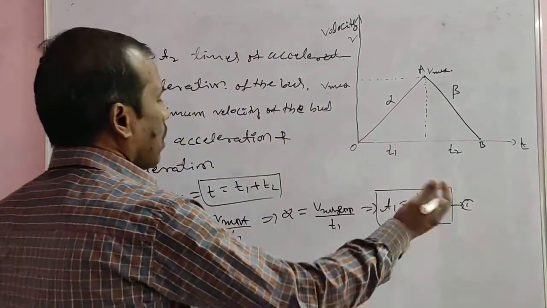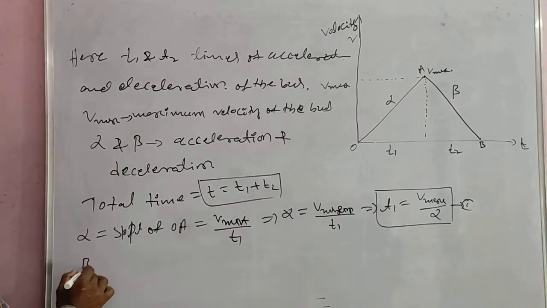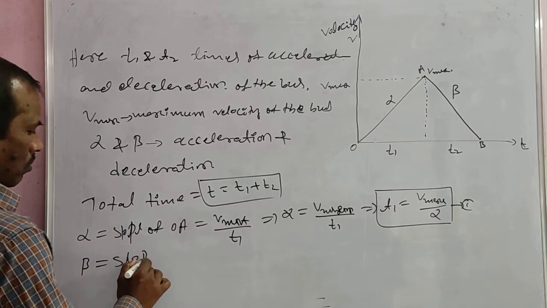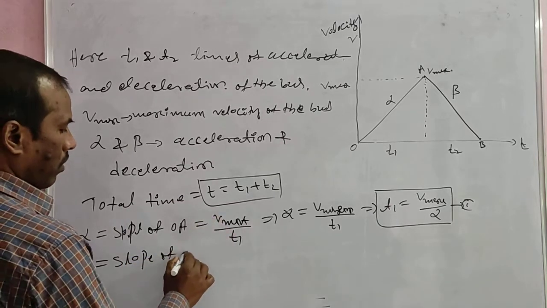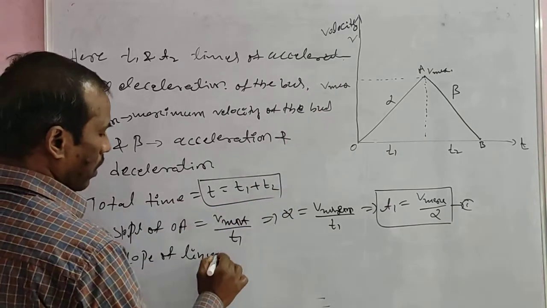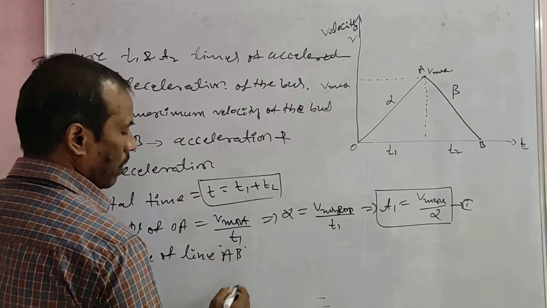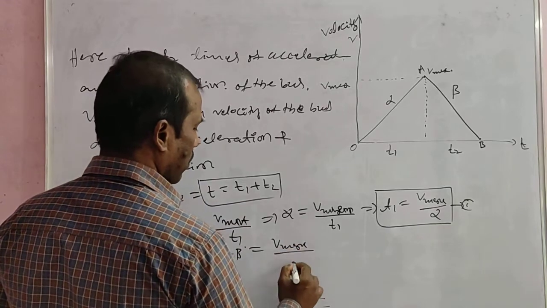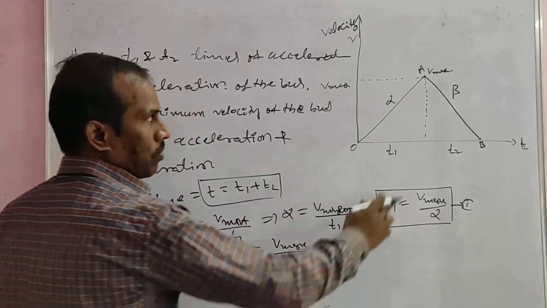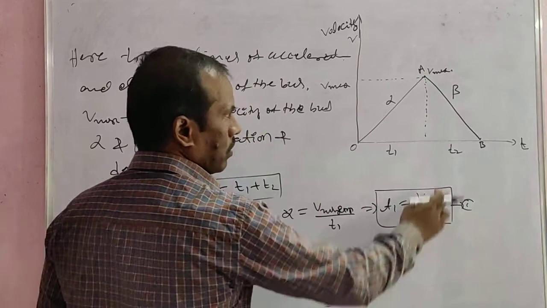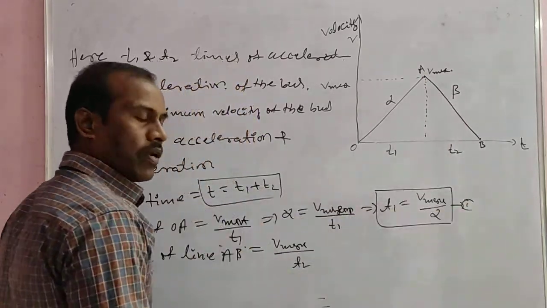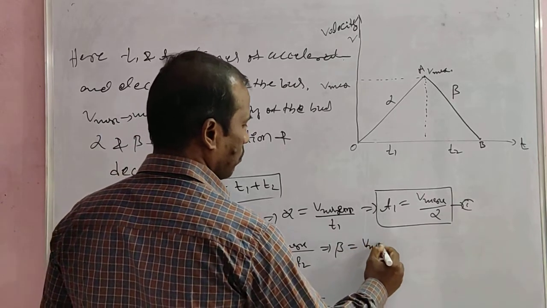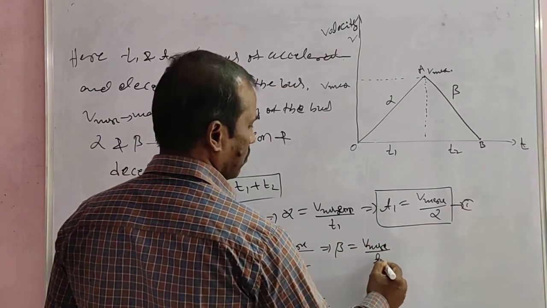Next, the deceleration: beta is equal to the slope of line AB, which is maximum velocity by time T2, the time from A to B. So this is a deceleration, and beta is equal to maximum velocity by T2.